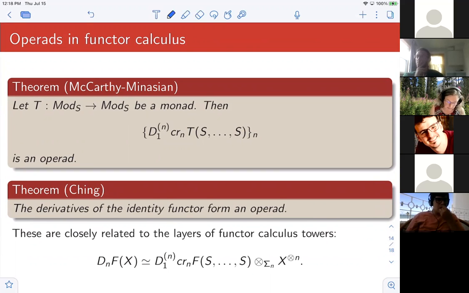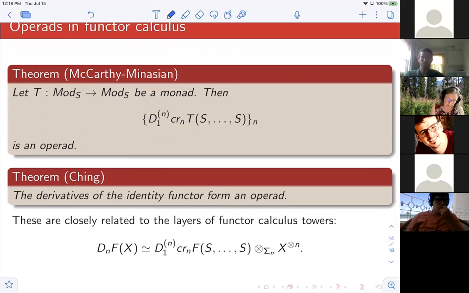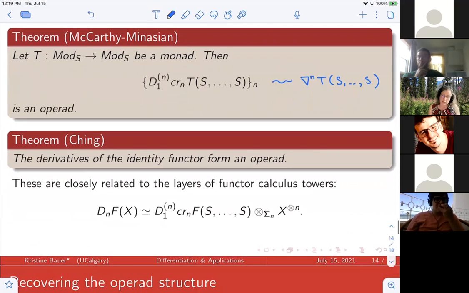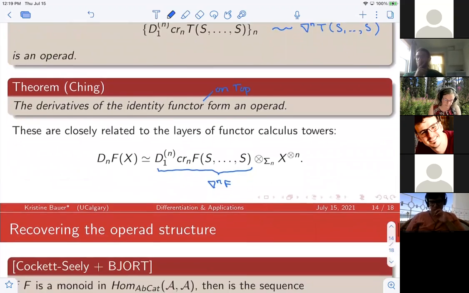So this D1 C R N T is another way of saying nabla n t evaluated at S in every place. And McCarthy and Manasian showed that that was an operad. And similarly, Michael Ching has shown that the derivatives of the identity functor of topological spaces form an operad. And all of these are closely related to the things that we were looking at. So like I said, this thing is really nabla n f evaluated at S in every place.